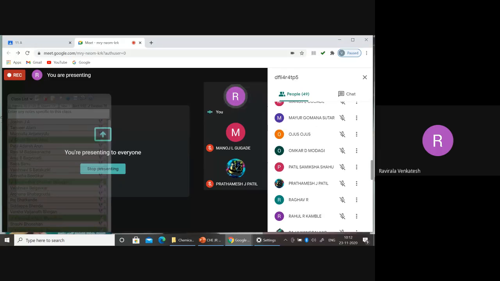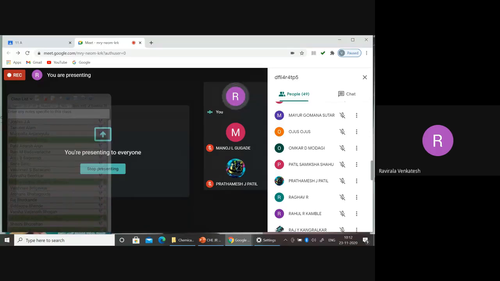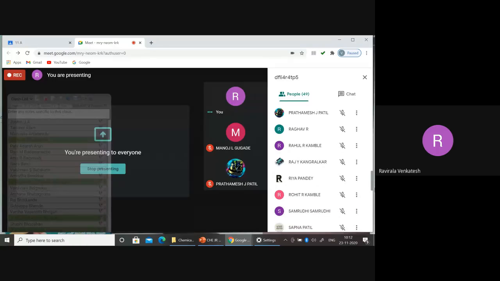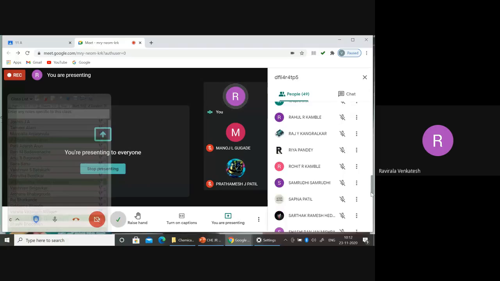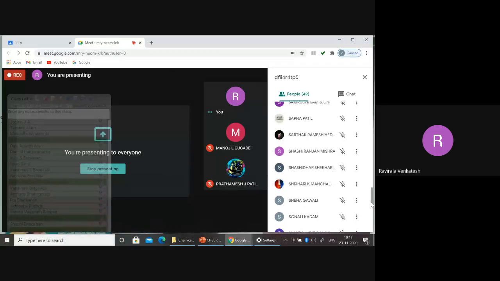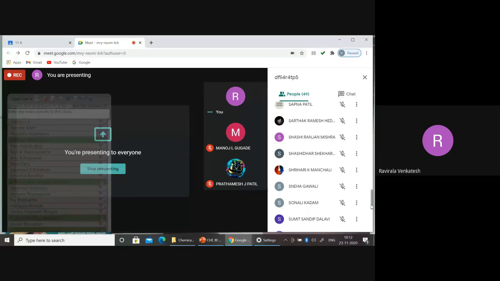MD Ashif, absent. Omkar PC, absent. Ramya, absent. Sneha BS, absent. Sumit AM, absent.